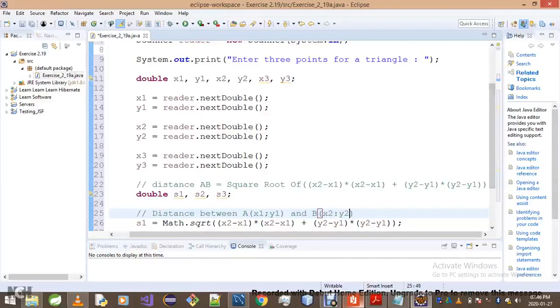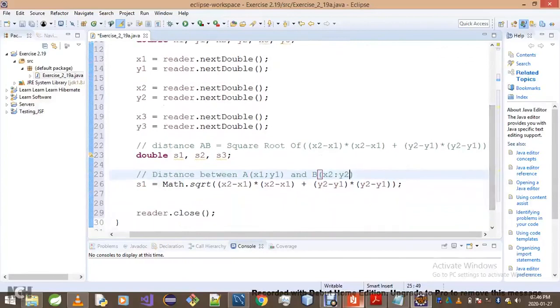Okay, now let me first put this. The distance between A and B, which is S, the distance S1 between A and B.